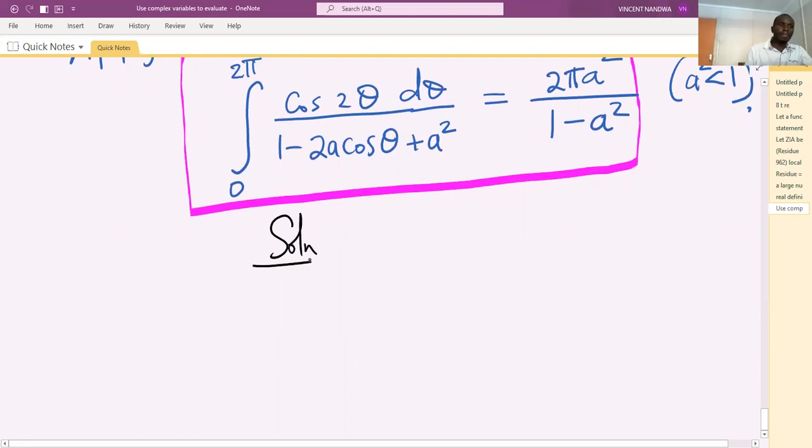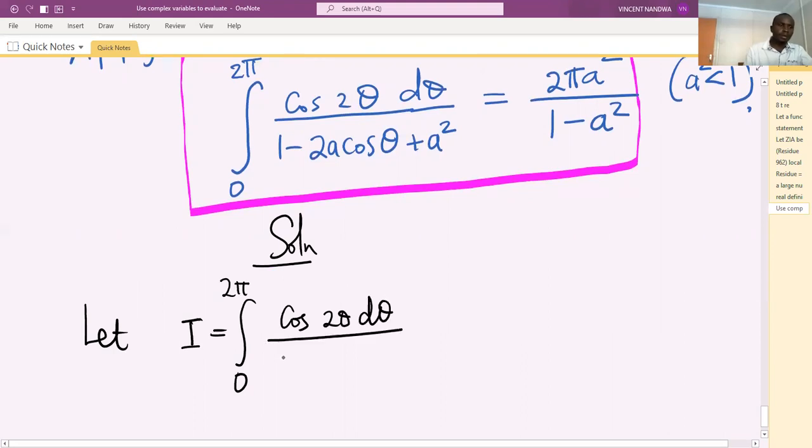we say let I be the given integral from 0 to 2 pi of cosine of 2 theta d theta divided by 1 minus 2a cos theta plus a squared.